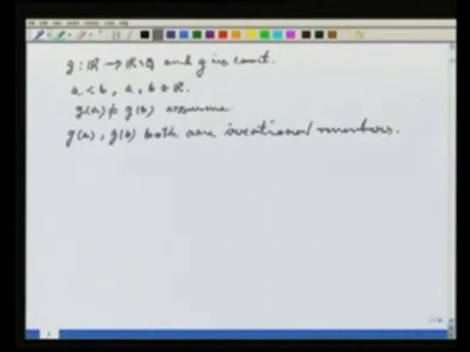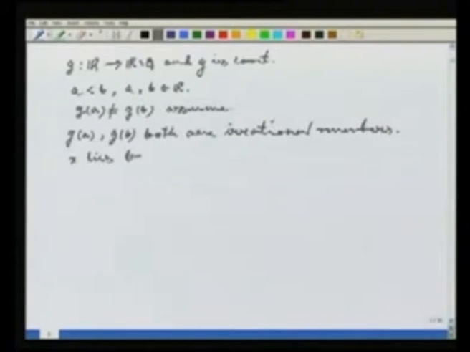Then what does the intermediate value property say? Suppose I choose an x which lies between g(a) and g(b). And let us choose x to be a rational number. That I can do, because if g(a) and g(b) are two unequal real numbers, then always there exists a rational number in between those two.